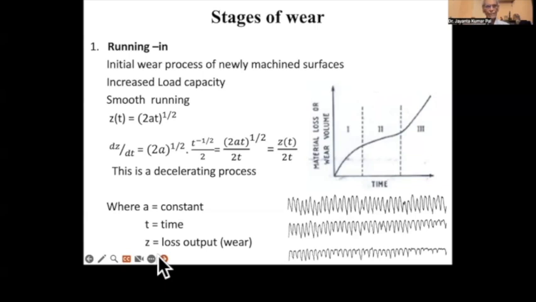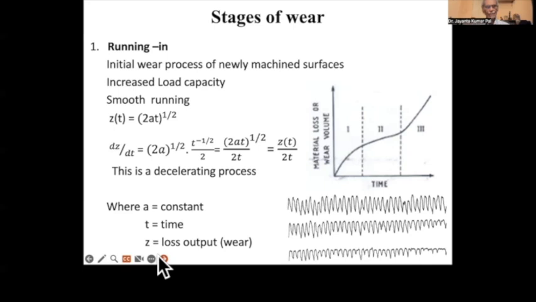Now, running in is also a very well-known phenomenon, because in the initial period of any new machine, the machine components are newly machined and they are not smooth. And because they are not smooth, their load capacity is not at the required level.